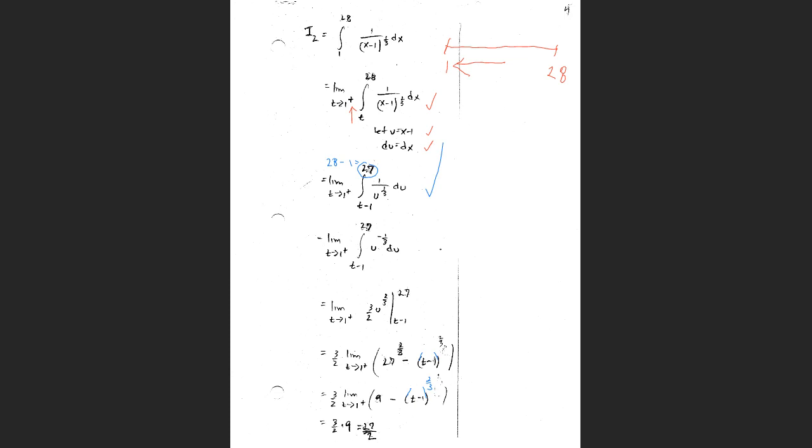I don't think I need to detail every step word for word here. Hopefully it's pretty clear, but I'll put in this additional step, and then you're going to get 27 halves. So this second integral also converges.